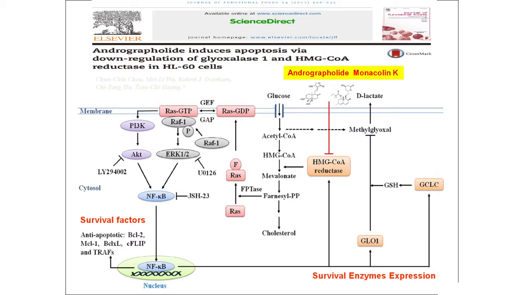So similar to diabetes, we have to know the detailed mechanism. This is the key enzyme for cholesterol biosynthesis. We find some natural product. We use pure chemical to study the inhibition of the protein expression.